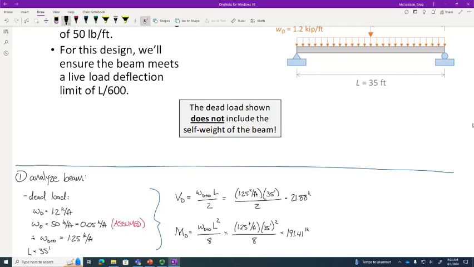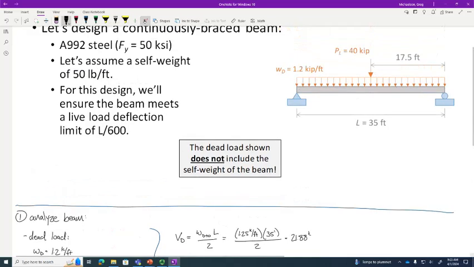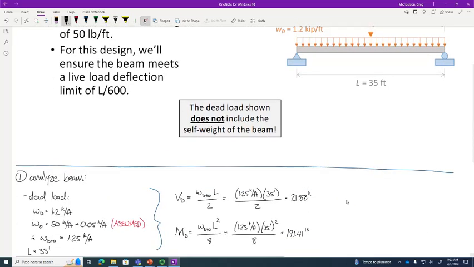Live load in this case is 40 kips. Now, somebody tell me what they're going to do to analyze this beam. We've used our case 1 expressions for dead load. So what are we going to do for live load? Use case 7. Okay. That is the correct answer.